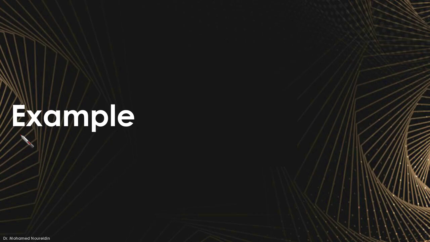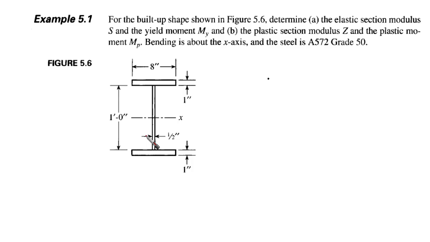Okay, let's have an example, and then we're going to wrap up our video for today. We have a built-up shape. For the built-up shape shown in this figure, we have a web of ½ inch thickness, a height of 1 foot, and the width of the flange is 8 inches, with a thickness of 1 inch.